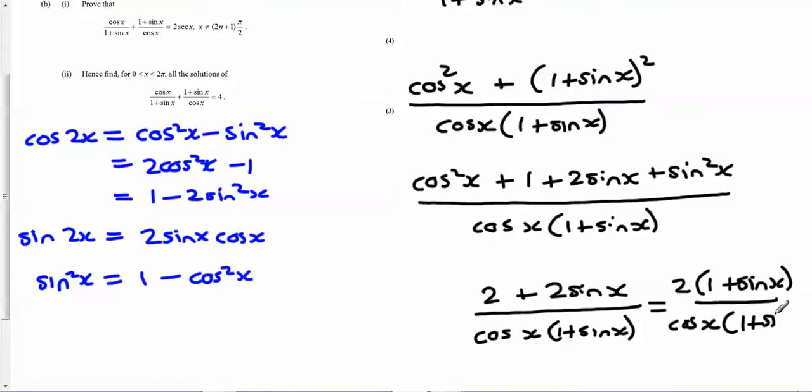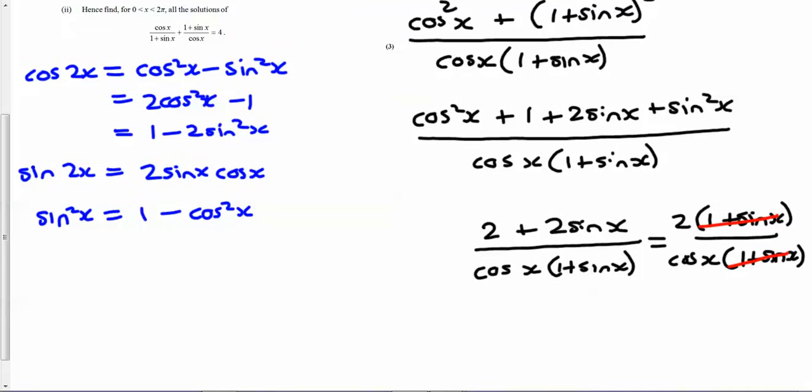So we can do some cancelling, and we end up with 2 over cos x, and 1 over cos x is cosec. Sorry, is sec. So we end up with 2 sec x.